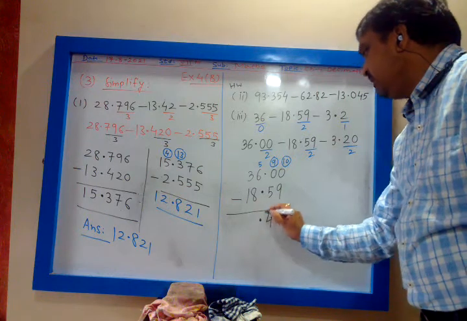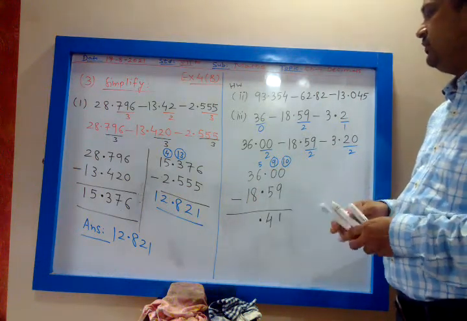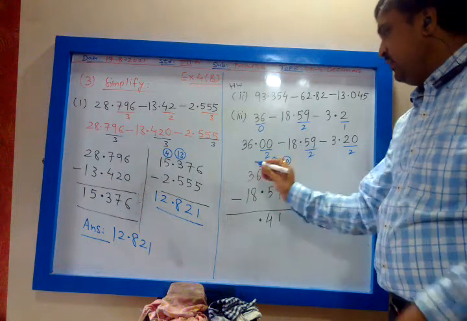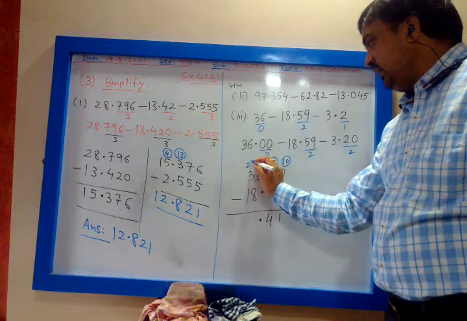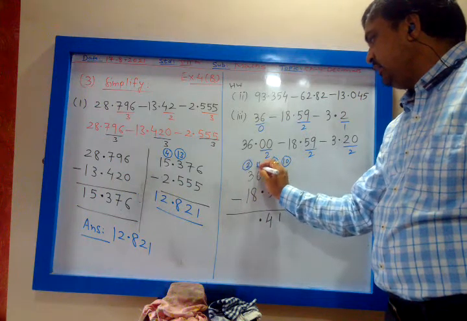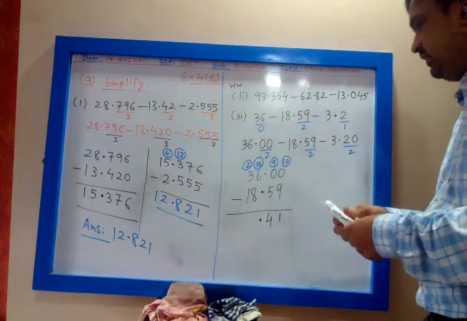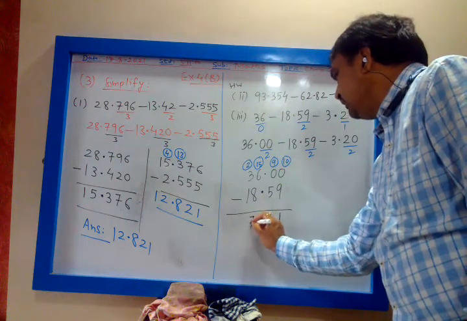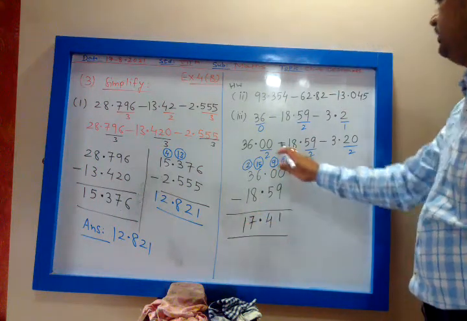Point. Then it is 5 and it is 8. Still 5 is smaller than 8, so 1 will be carried. Then 3 will become 2 and 5 will become 15. 15 minus 8 is 7. Then 2 minus 1 is 1. 17.41.